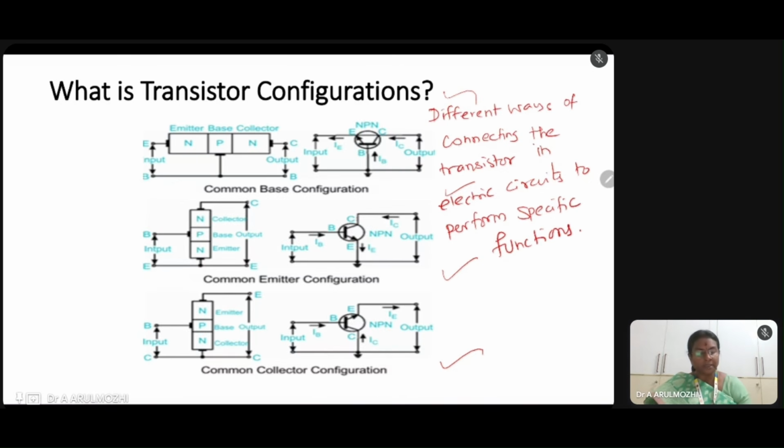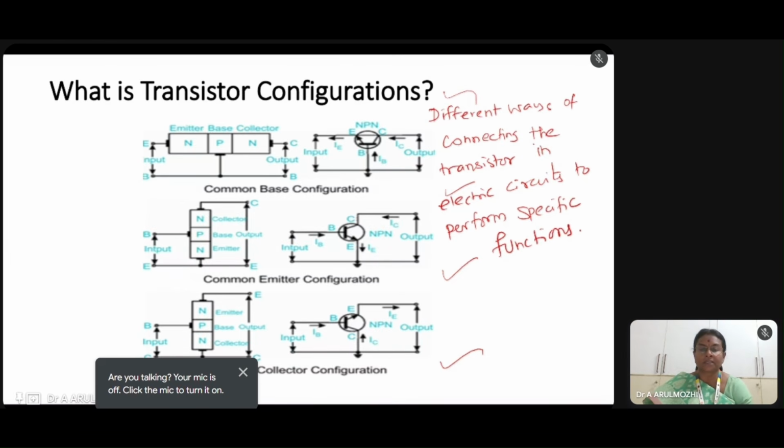So simply, the configuration represents the different ways of connecting the transistor in different electronic circuits to perform different specific functions.